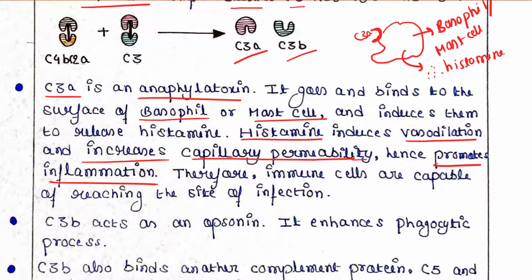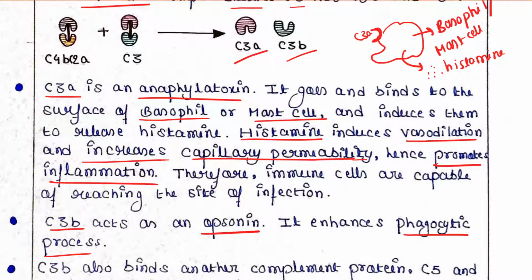So C3b acts as an opsonin. It enhances the phagocytic process, because it is an opsonin. I have prepared a separate video regarding opsonin. So if you don't know about opsonin, please go and check that video.